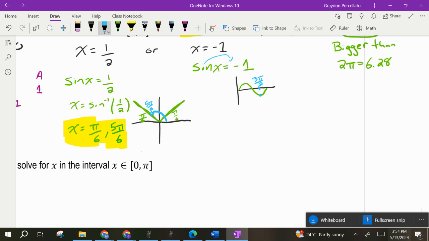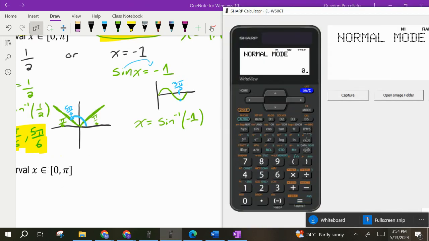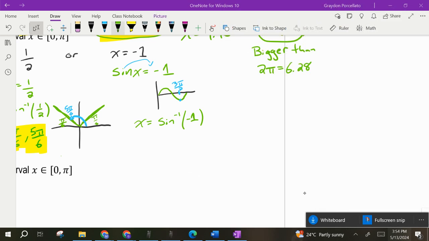So if I bring my sine over here, I get x equals the sine inverse of -1. Let's see if my calculator will do that one for me. The sine inverse of -1 is negative pi over 2, which simplifies, right, we add 2 pi to that, we get 3 pi over 2. So my solution there is x equals 3 pi over 2, okay?